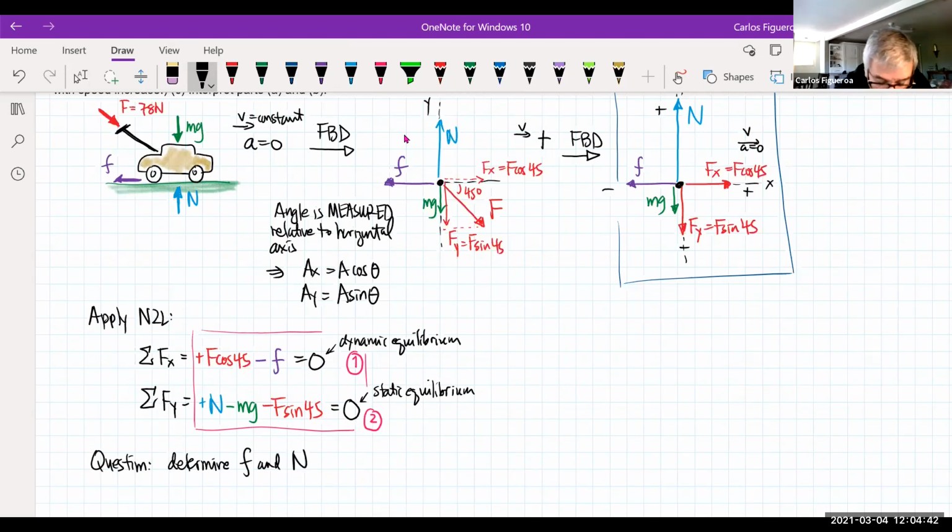What you're seeing here, and this is very common, is that Newton's second law sets up two equations and two unknowns.